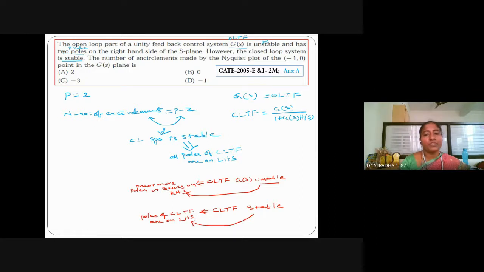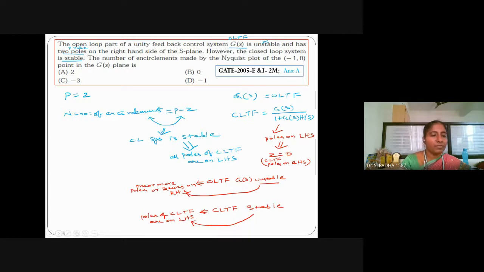So all the poles in the denominator are on the LHS only, which means Z equals 0, because Z is the number of closed loop transfer function poles on the RHS. They have given that the closed loop is stable, so no poles are on the RHS. So we can take Z value as 0.